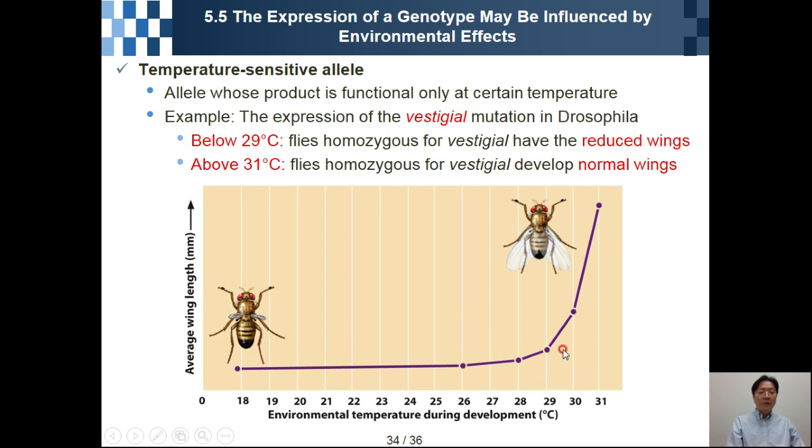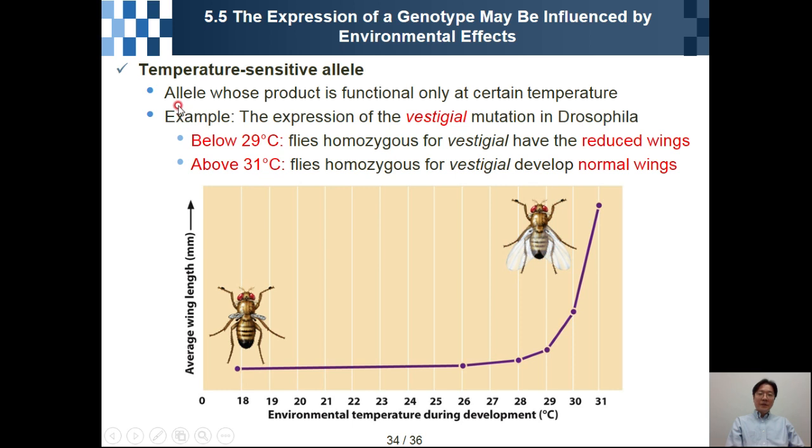But above 31 centigrade, around here, flies homozygous for vestigial develop normal wings like this.